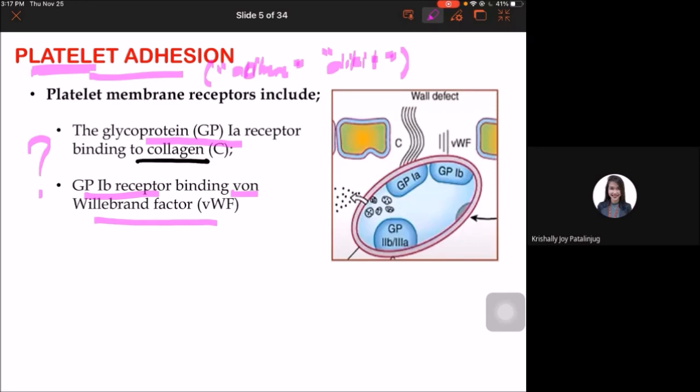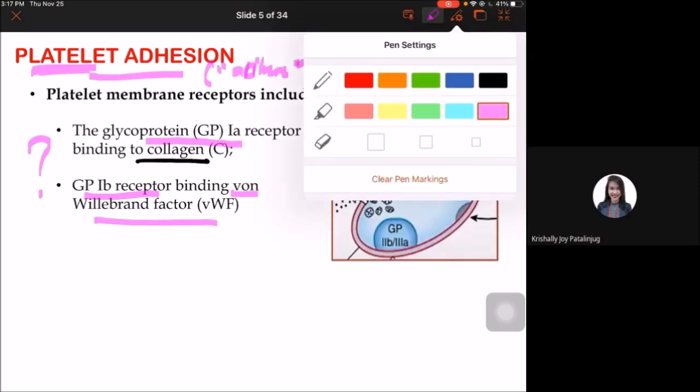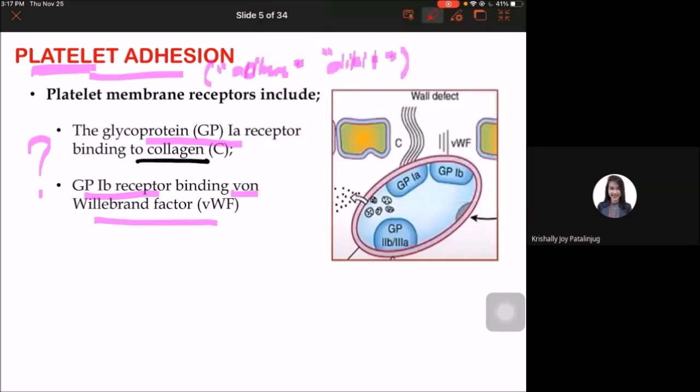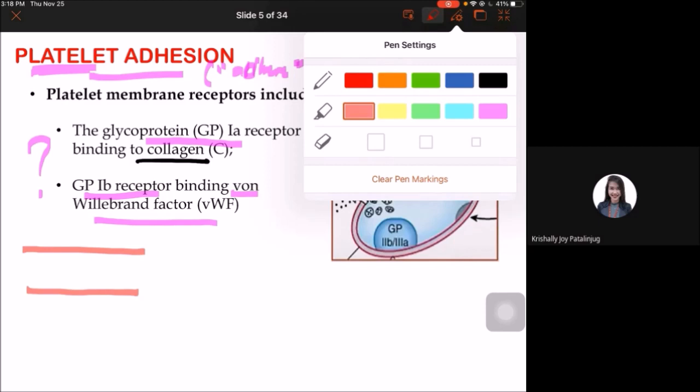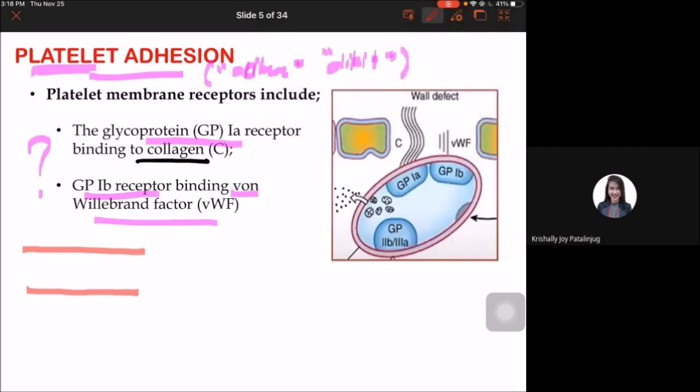Okay, para mas maintindihan, suppose magbigay ako ng scenario ha. Let me draw. Halimbawa, this is a blood vessel. Okay, yan yung dinrawing ko. And as we all realized, ang innermost layer ng blood vessel is, ano nga ulit yun? Endothelium. Okay, very good. Endothelium.